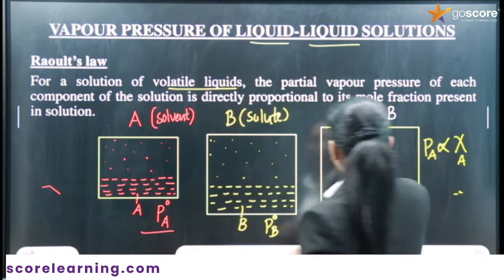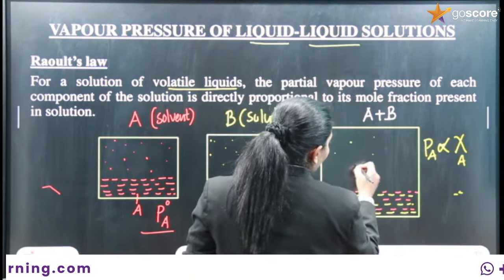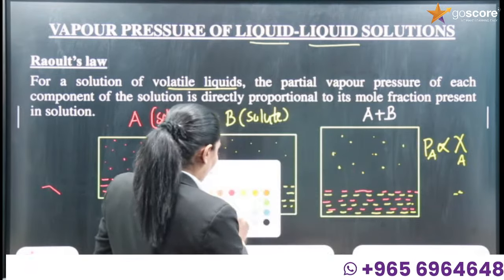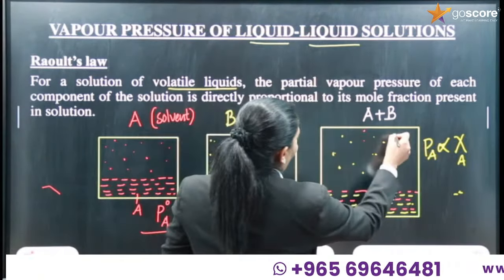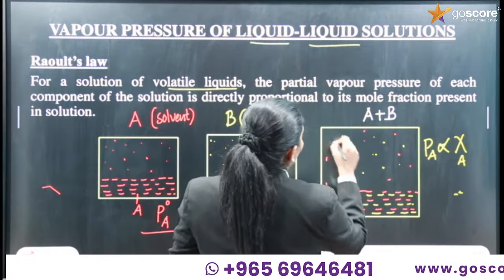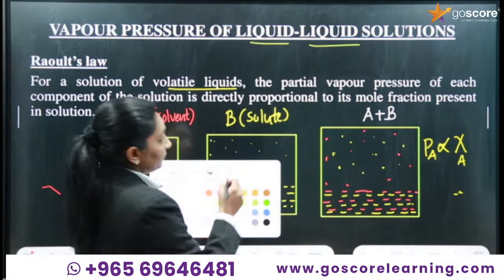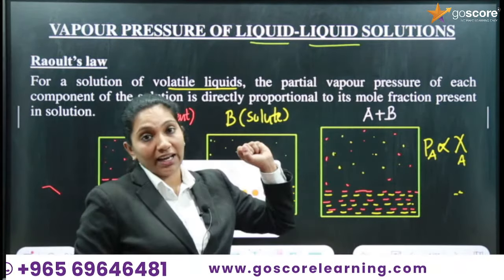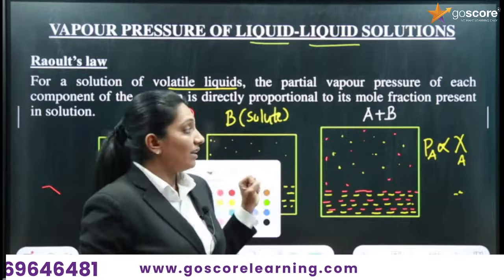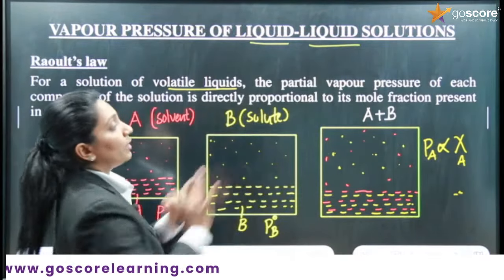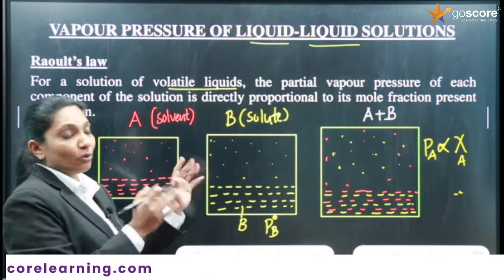Here, of course, there will be the vapors of B as well as the vapors of A. According to Raoult's law, the partial pressure caused by this solution containing the mixture of A and B, the partial pressure of each component, is directly proportional to its mole fraction.